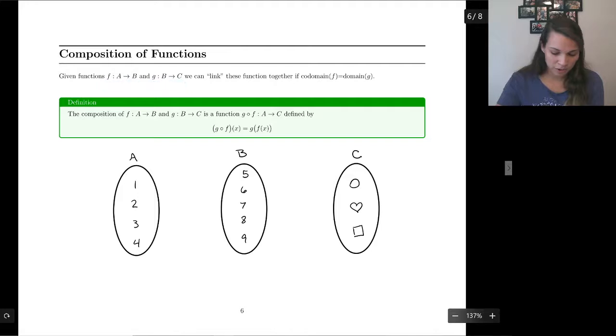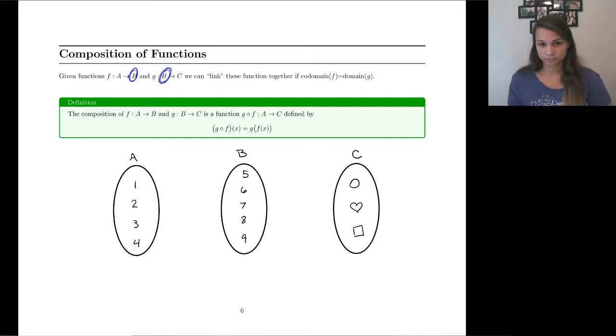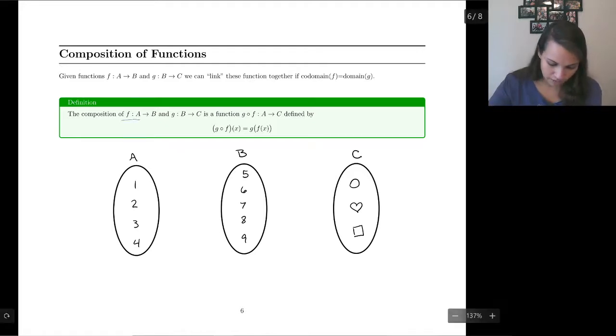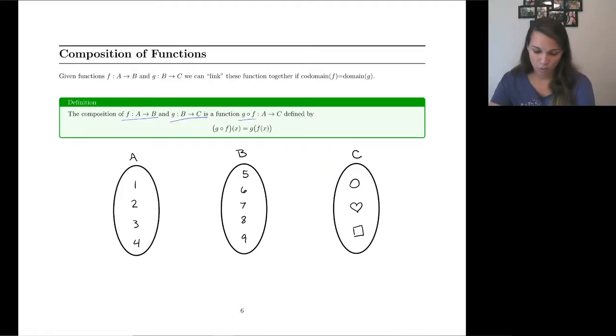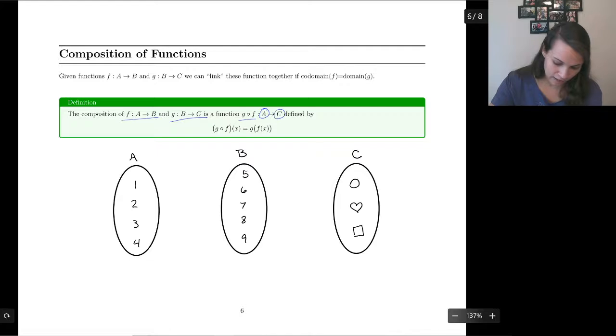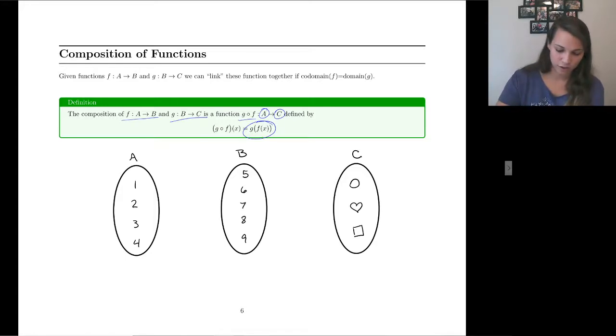The important part is the codomain of F is equal to the domain of G. So here's our formal definition of composition of functions. If we've got function F, function G, then G composed with F is going to start at A and end at C. And it's just you stick F inside of the G function.